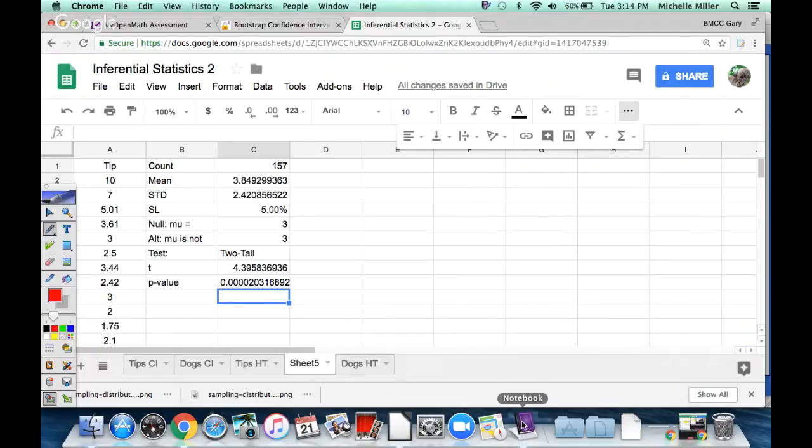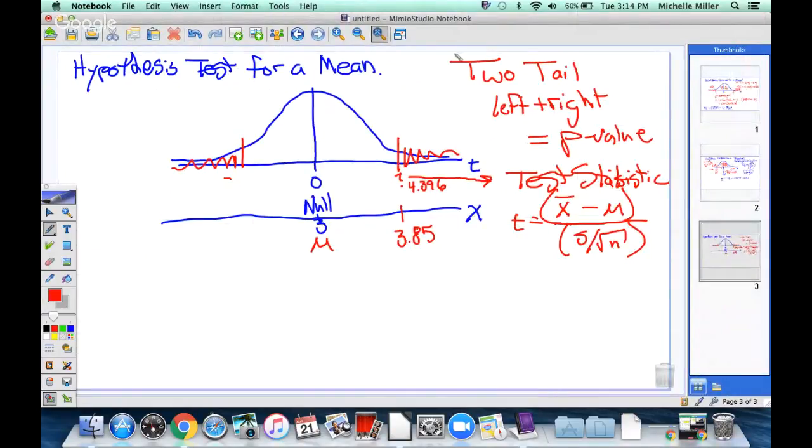So in my picture here, I found that the right tail probability over here is 0.00001, which means the one over here is also a probability of 0.00001. That would go with a t-score of negative 4.396. On spreadsheets, the T.DIST function will never accept a negative t-score.